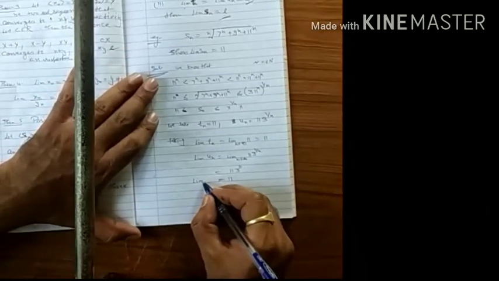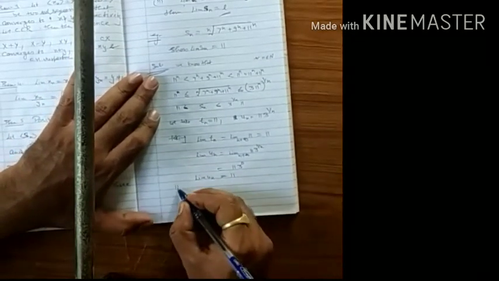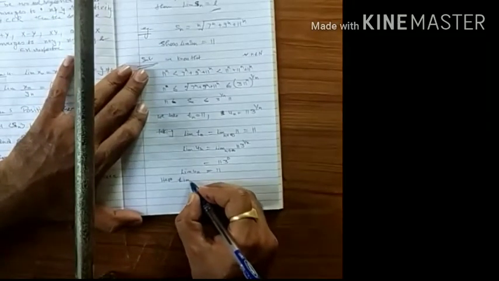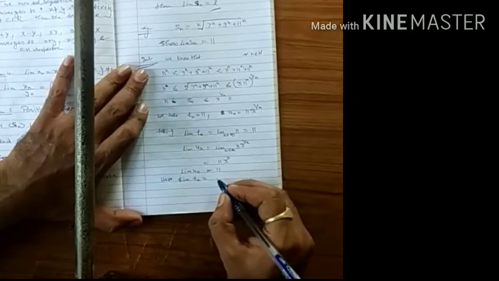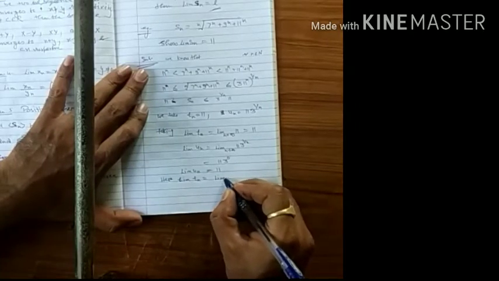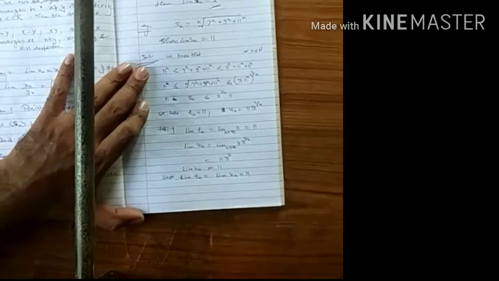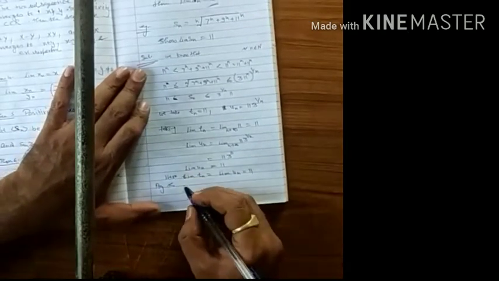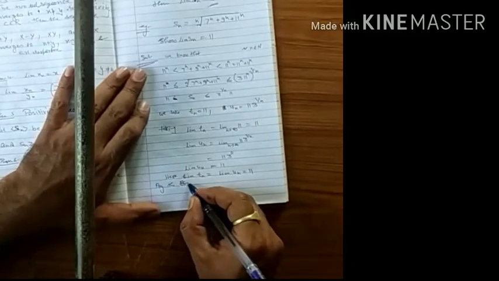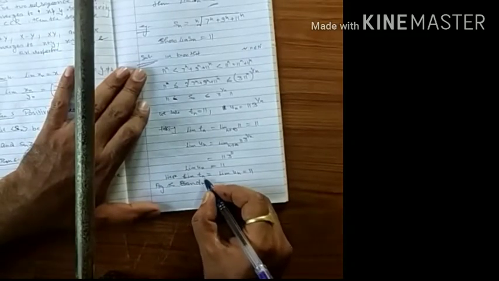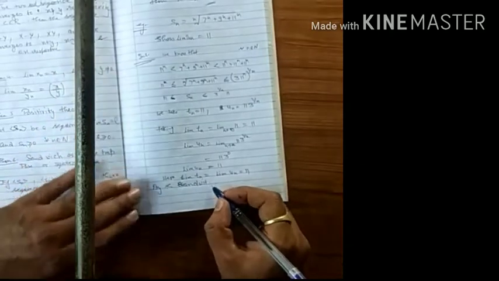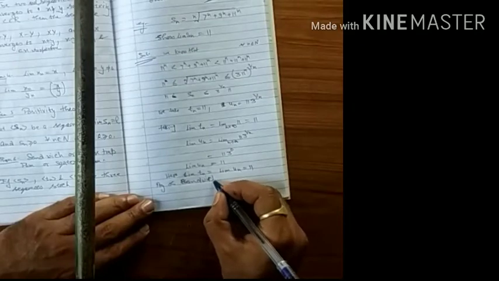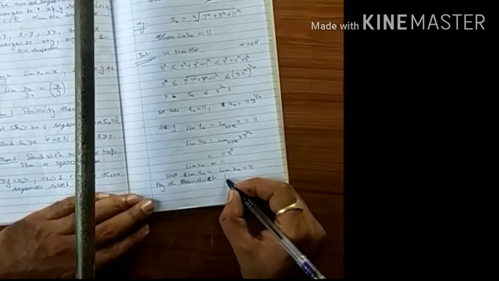So limit Tn is equal to limit Un, which is equal to 11, by the sandwich theorem.